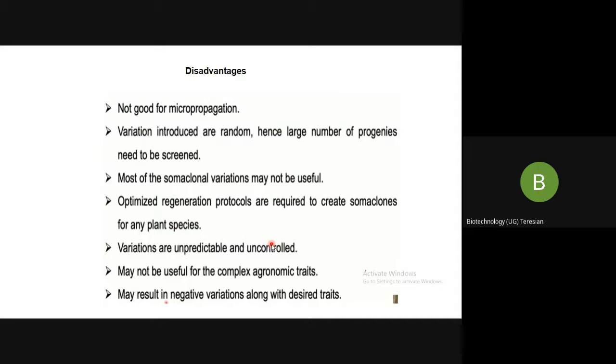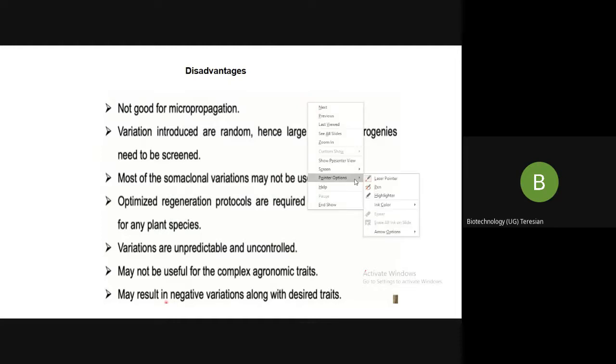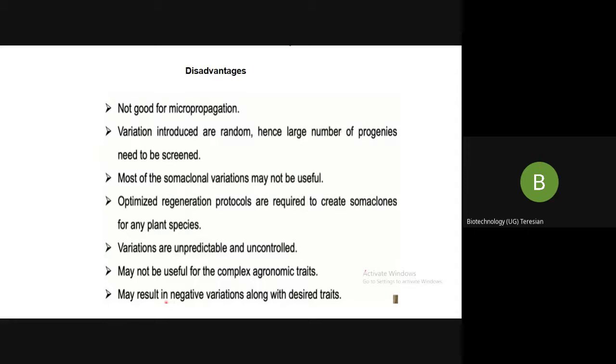If you want to propagate a plant, for example, I will write it and show you. If I want to propagate a plant A, which I know has all the unique traits, and I want the same trait, so my X, Y, Z plants are obtained from this A. These are all the explants.